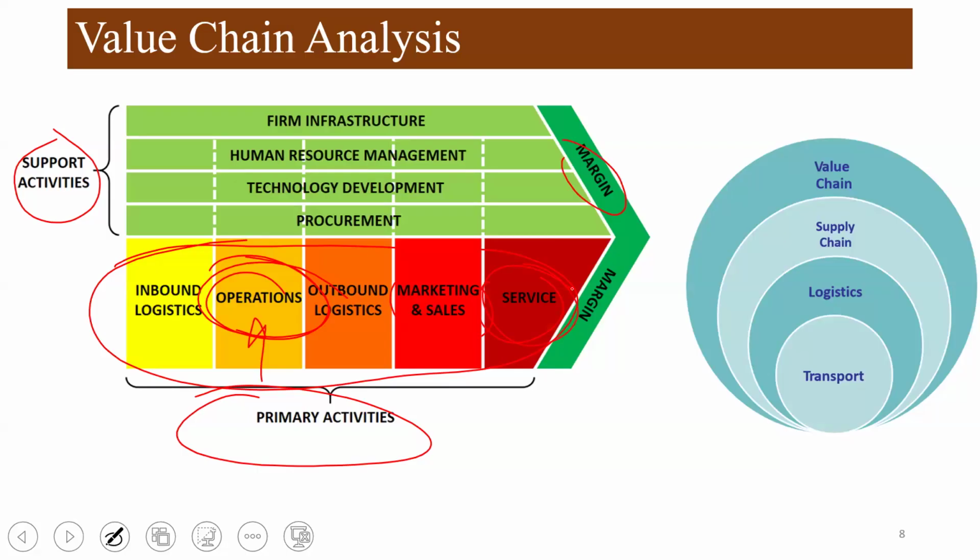Then a subset of that is supply chain. Supply chain is in this part. In there also, you need to include operations, inbound and outbound, which we call upstream and downstream, right? Then logistics is another part, how you arrange the procurement and everything included in this.